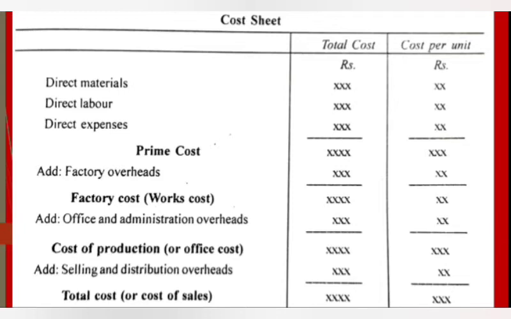Then at last, we'll get the total cost of sales. After finding this, we have to fix a selling price for the product, right? So this is the format of a cost sheet.